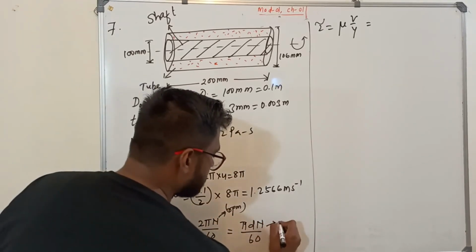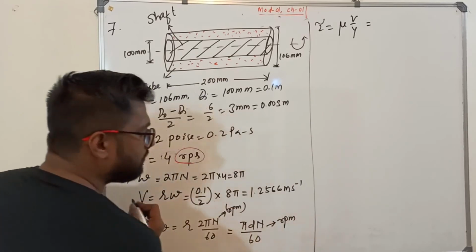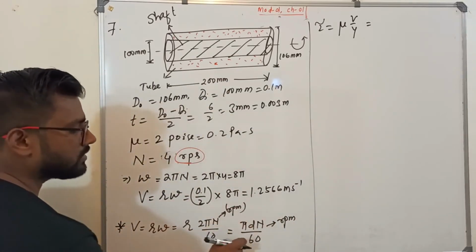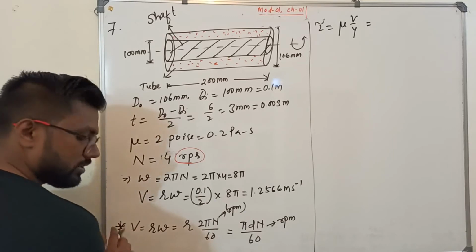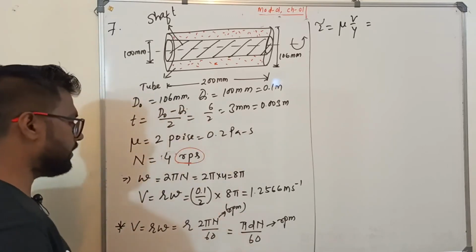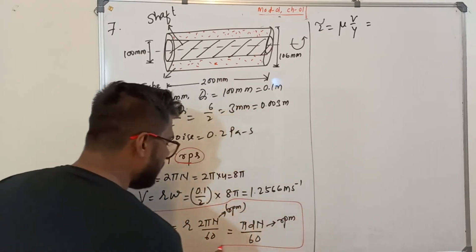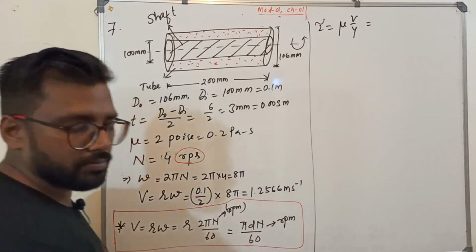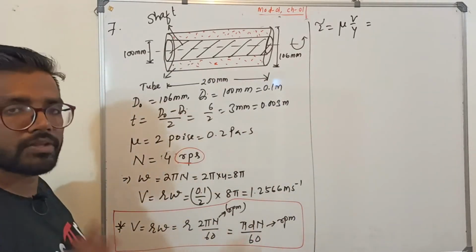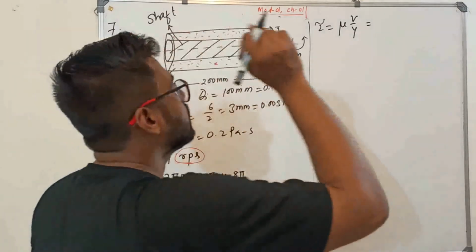Again, n must be in RPM. If n is in RPS, 60 won't be there. Directly you can write V equal to pi dn if n is in RPS, revolutions per second. Understood? Very good.